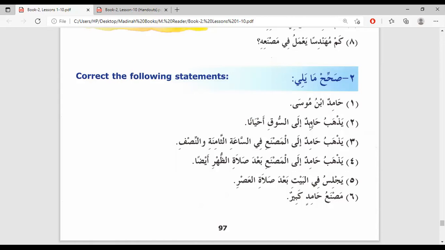Alif is not read because this is Hamzatul Wasl. It's not Alif. But the rule, if you remember, is when the word ibn comes between two proper nouns, then it becomes adjective for the first noun and it becomes mudaf for the second noun. Hamid ibn Musa, Muhammad ibn Abdullah.